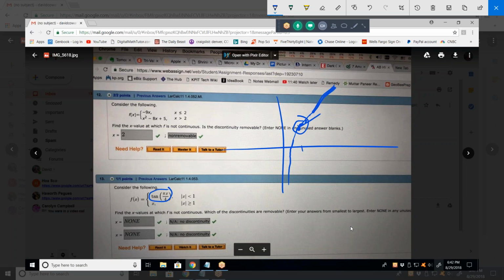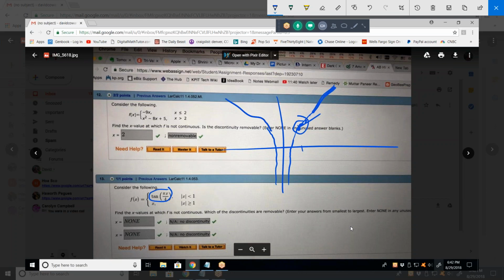Now, the fact that it says absolute value means that if x is negative, let me think about that for a moment. When the absolute value of x is 1, I think this is going to look something like this.